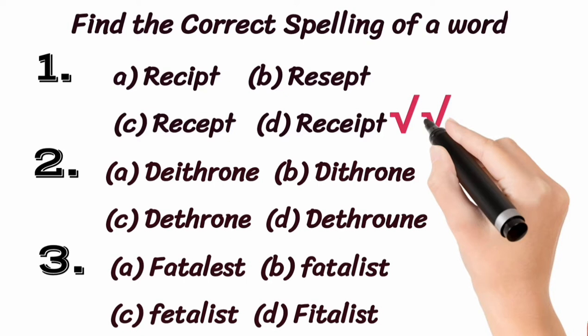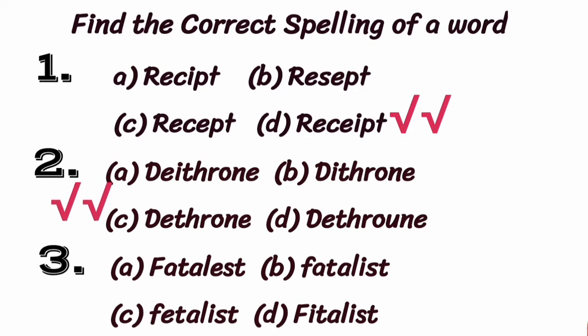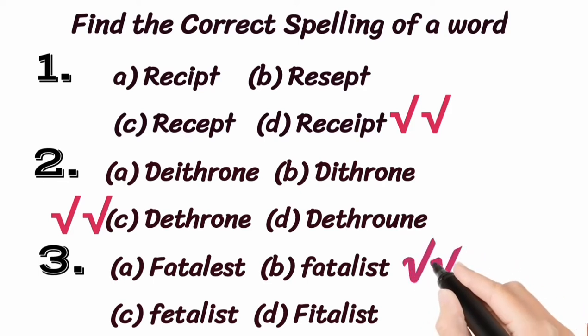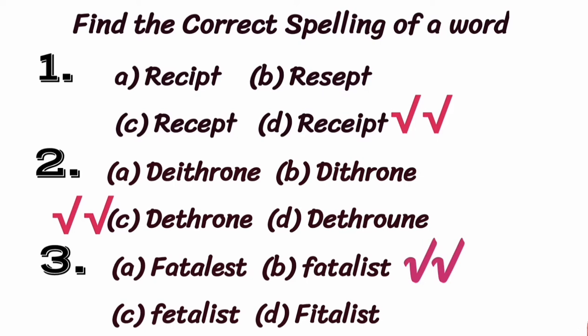So the correct spelling for this word is option C, DETHRONE, dethrone. In the third question, you have to find the correct spelling for the word fatalist. For this, the right option is B, FATALIST.